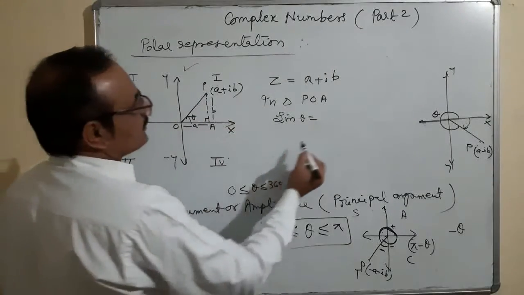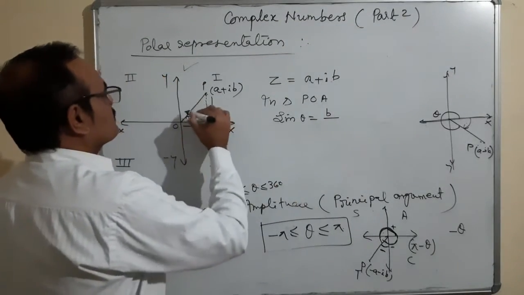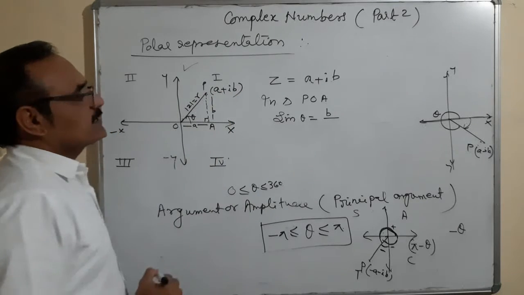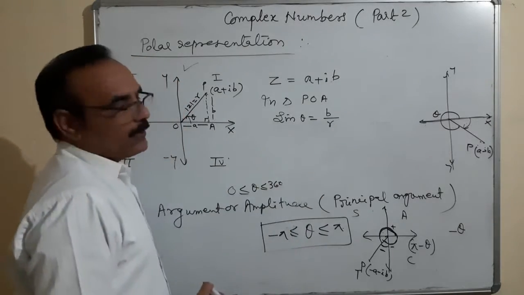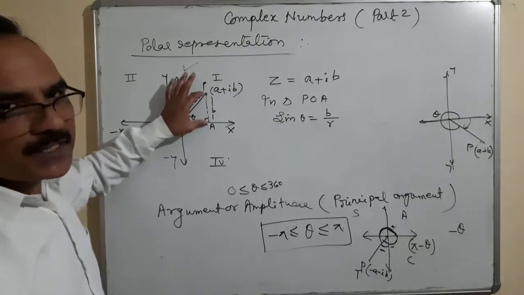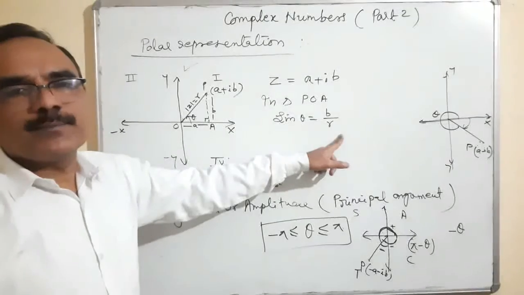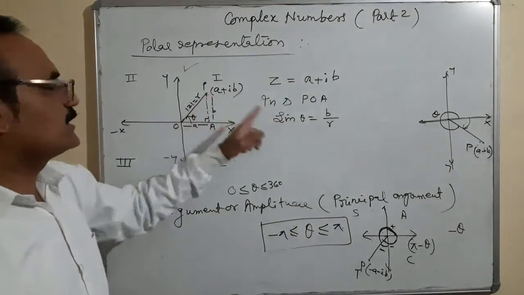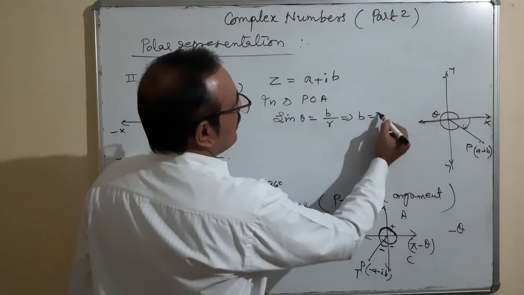Opposite side is B, and the hypotenuse is the magnitude of Z, which I am taking as R. So sine theta is equal to B upon R. And B is the imaginary part. So sine theta is equal to imaginary part upon modulus of Z, and modulus of Z is R. That means the value of B is equal to R sine theta.